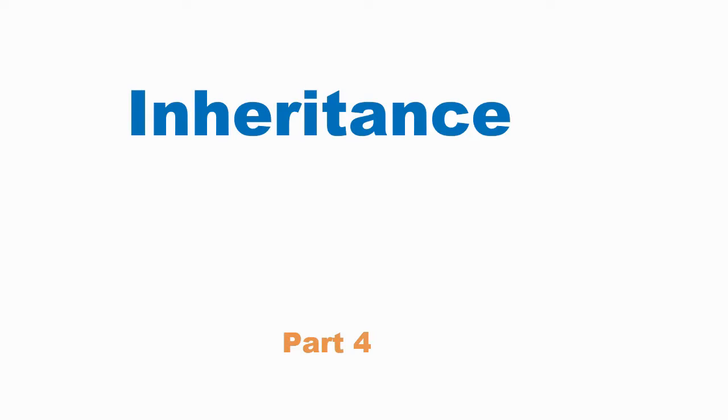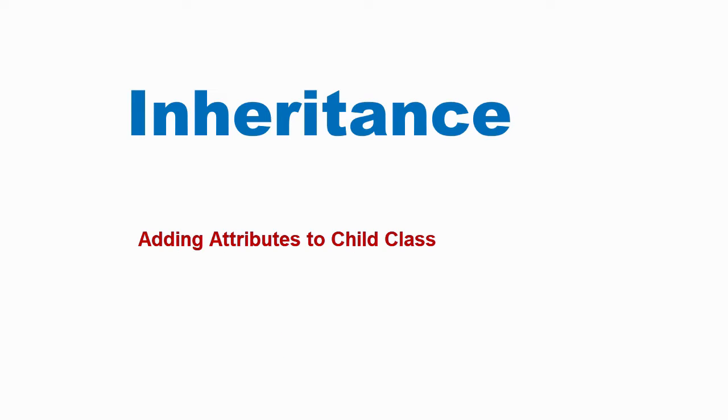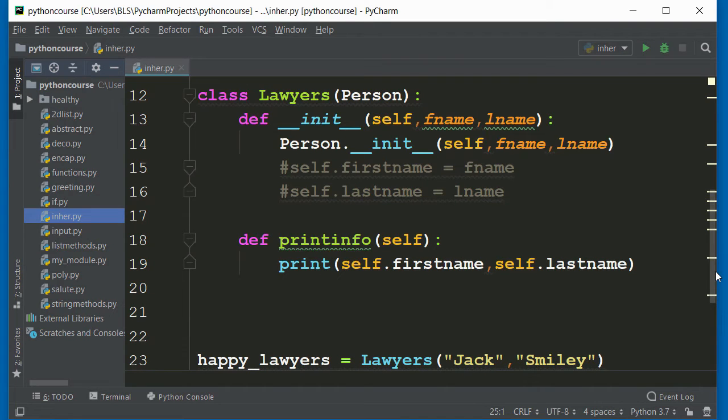Hello and welcome to part 4 of the inheritance video series. In this part, we are going to be adding attributes to the child class. Since our child class has now got its own __init__ method, we can give it its own attributes.